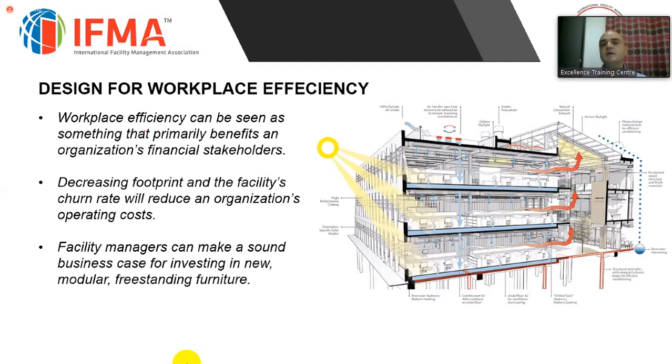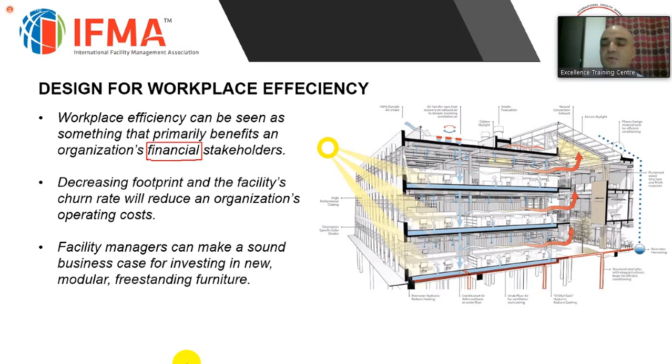Efficiency, we're trying to look at it from an economic perspective. So workplace efficiency can be seen as something that primarily benefits an organization's financial stakeholders. If you look at it from a purely financial view, you're trying to fit as many people as possible into the most economic space available, decreasing the facility footprint.